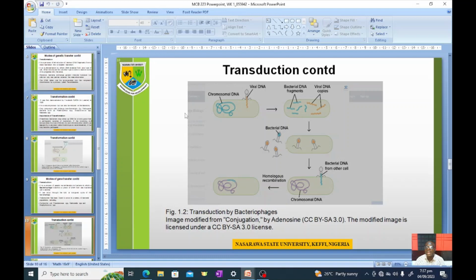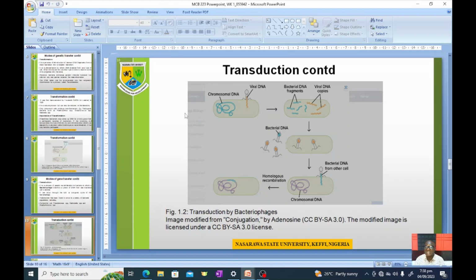such that in the second cell, you will see there is a recombination of the viral particle so introduced by the bacteriophage. Several copies of it were produced, and there will be recombination, and then daughter cells containing the introduced viral particles alongside the DNA fragments are produced.